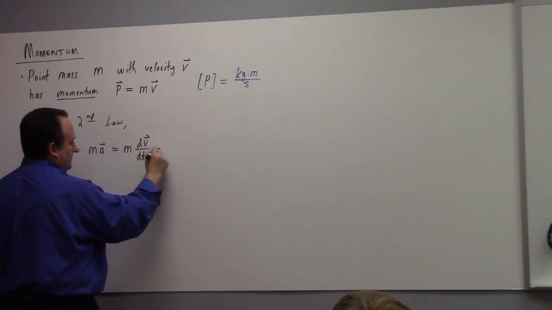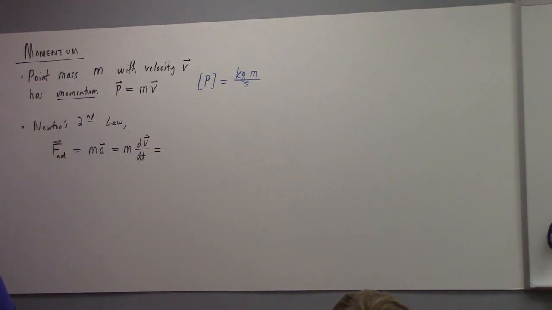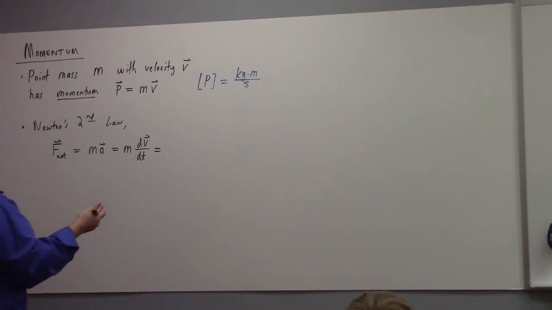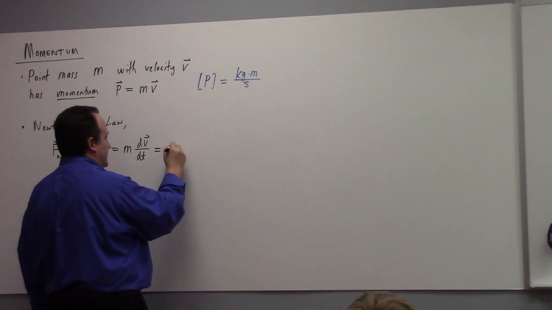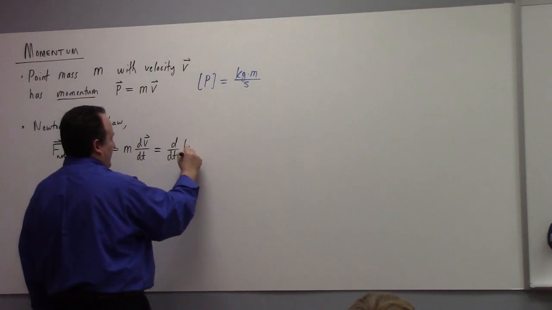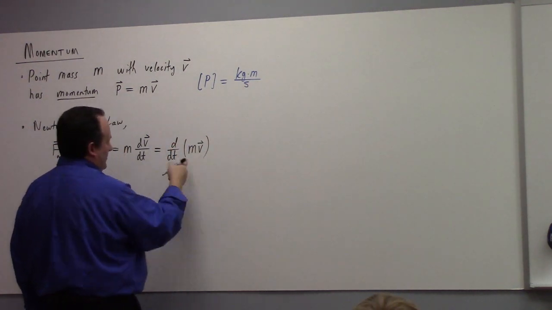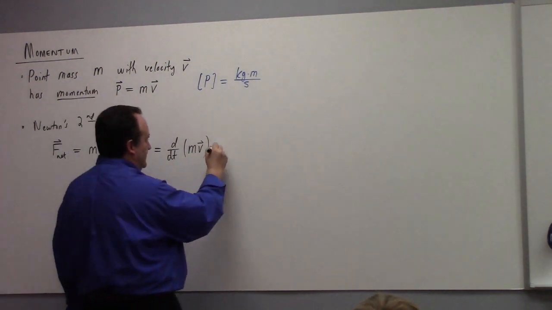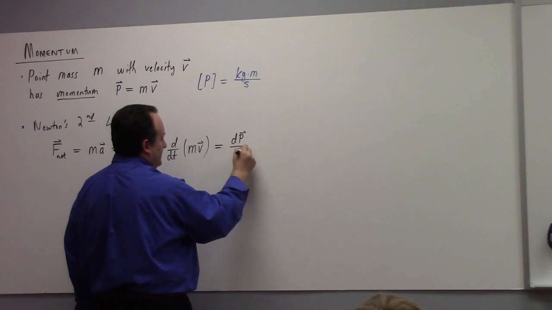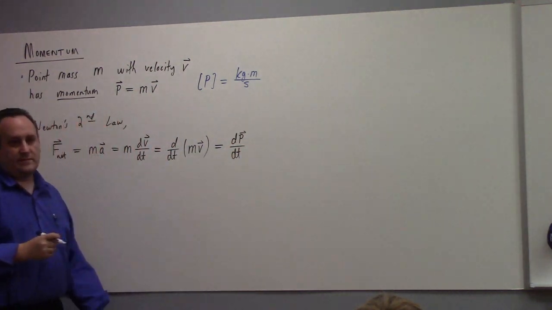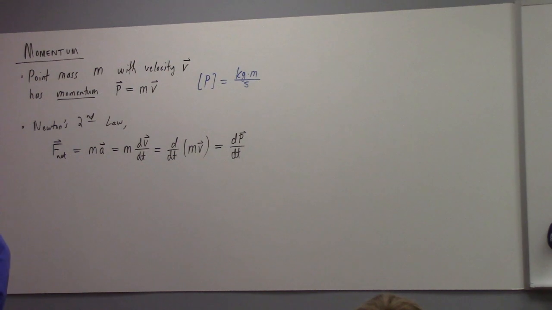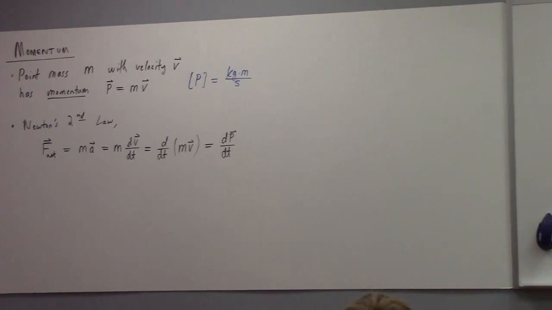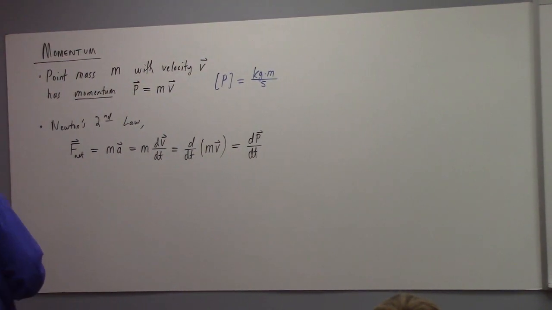For a point mass, the mass is not changing, so we can bring the mass inside the derivative, and we have d(mv)/dt. But mv is the momentum, so this is exactly the time rate of change of the momentum. So this is dp/dt. This is interesting. Apparently Newton's second law can be restated as the net force is the infinitesimal change in the momentum with respect to time.